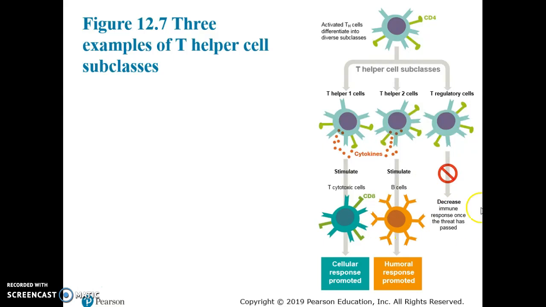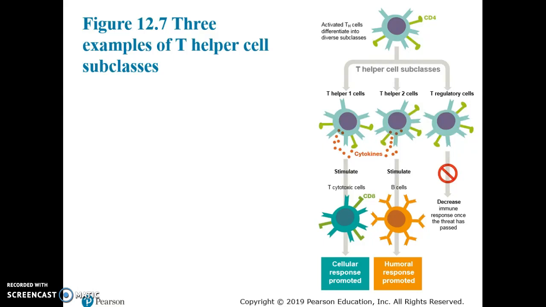And plasma cells, if you remember, secrete antibody, the immunoglobulin that is not stuck to the surface of the B cell, but rather is secreted. And then T regulatory cells actually decrease an immune response once that threat has passed. And so it regulates the T cell response to basically say, okay, the problem's over, so go home and get some rest, instead of continuing to do the same effector job.